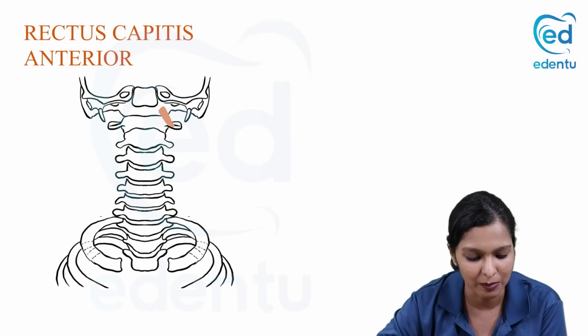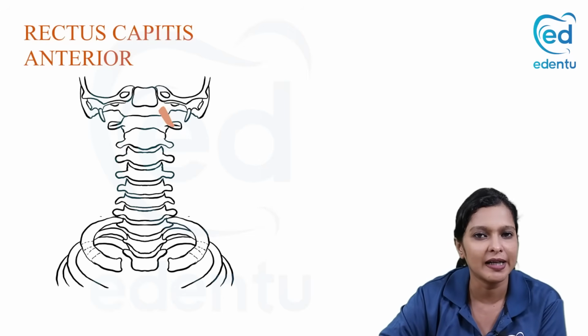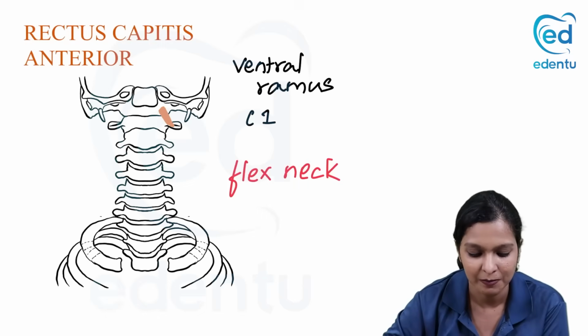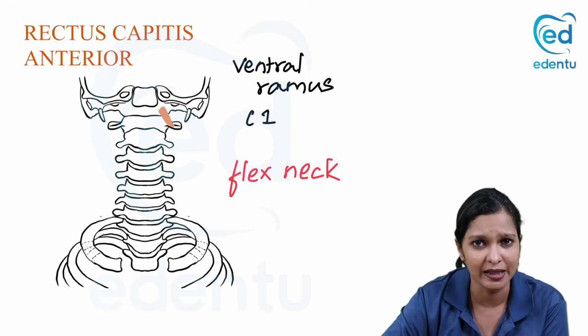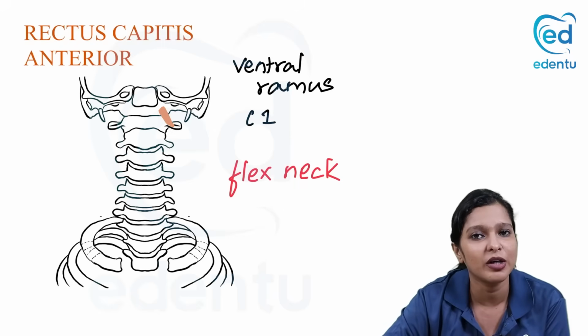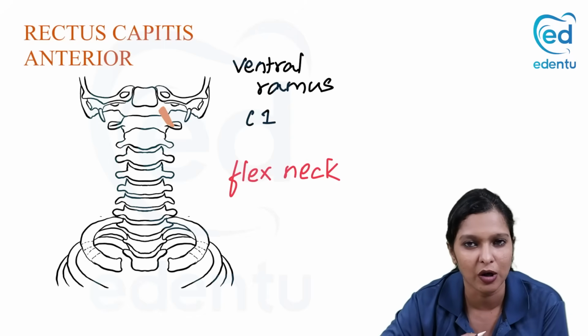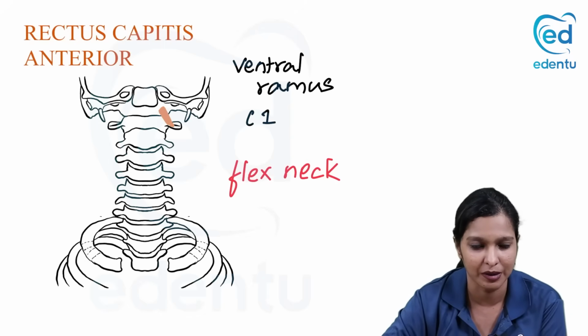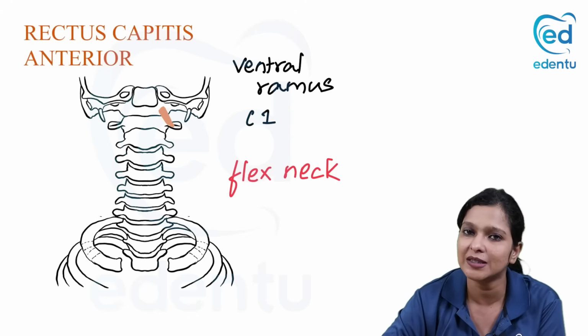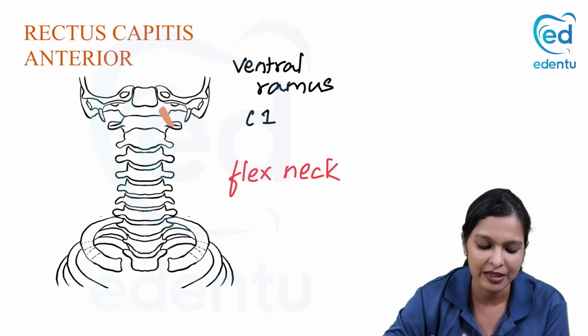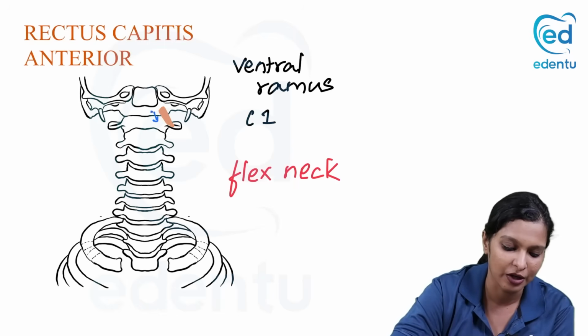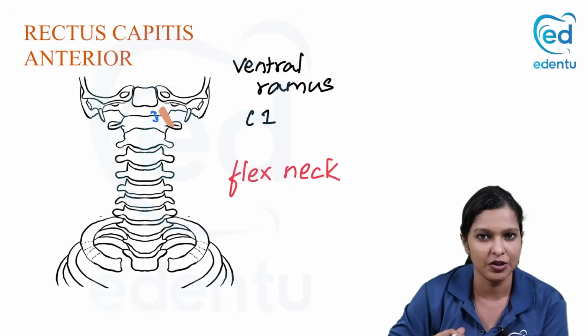It's a very small, tiny muscle called rectus capitis anterior. The nerve supply is only from the ventral ramus of C1. Just remember ventral ramus for all these muscles in the pre- and paravertebral region. And for action, it is present in the front, so when this contracts, it will cause flexion of the neck.